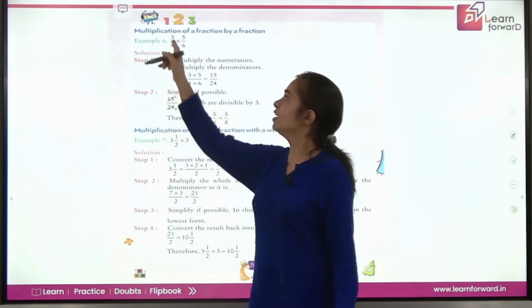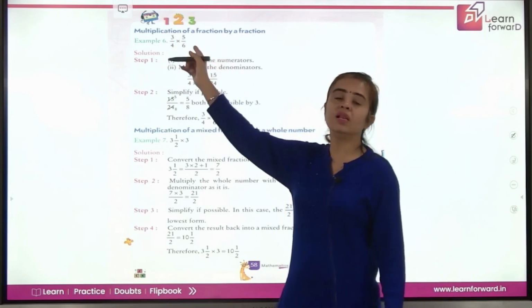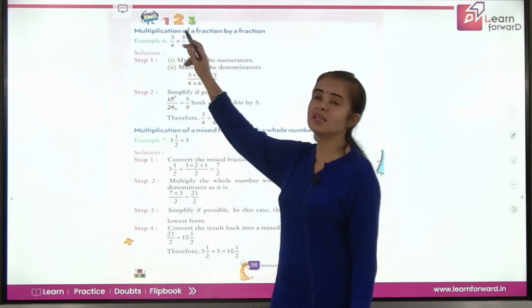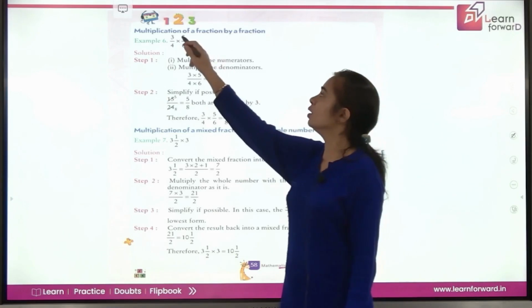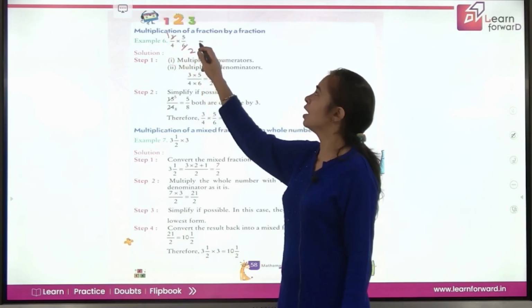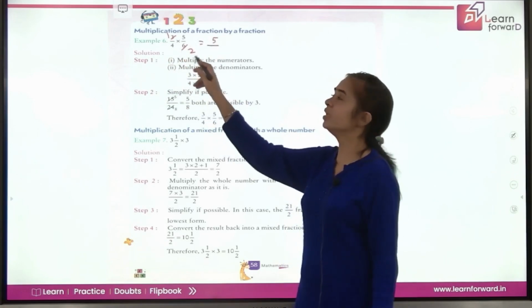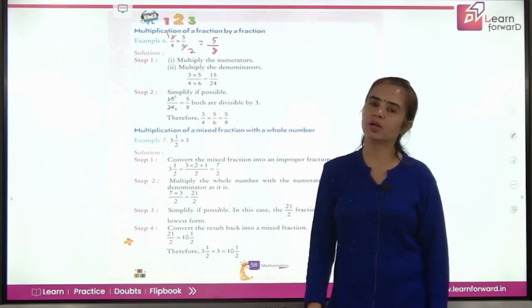No. Always any member, any player from the numerator will be cancelled with a player in the denominator. So what I see here, 3 and 6, they both can be divided by 3. So immediately I'll write here 3 1s are 3, 3 2s are 6. So now if I multiply, I get 5 1s are 5 and in the denominator 4 2s are 8. So I get 5 by 8 as my product.